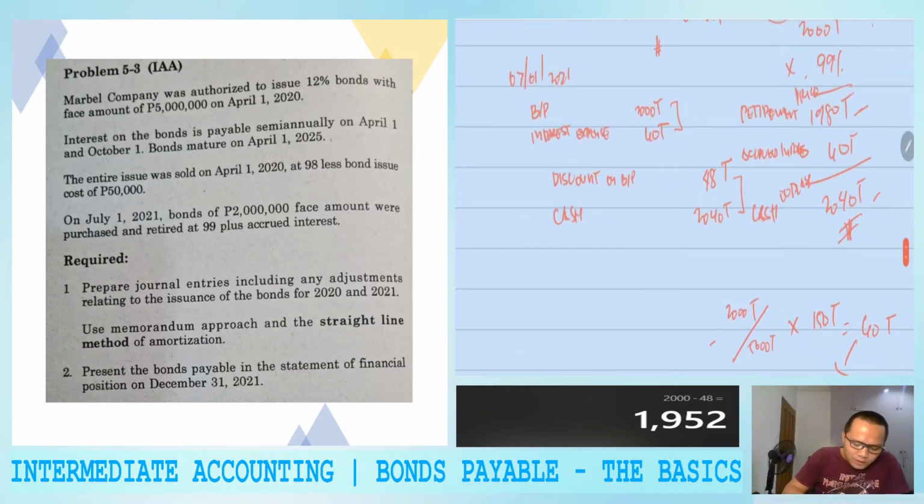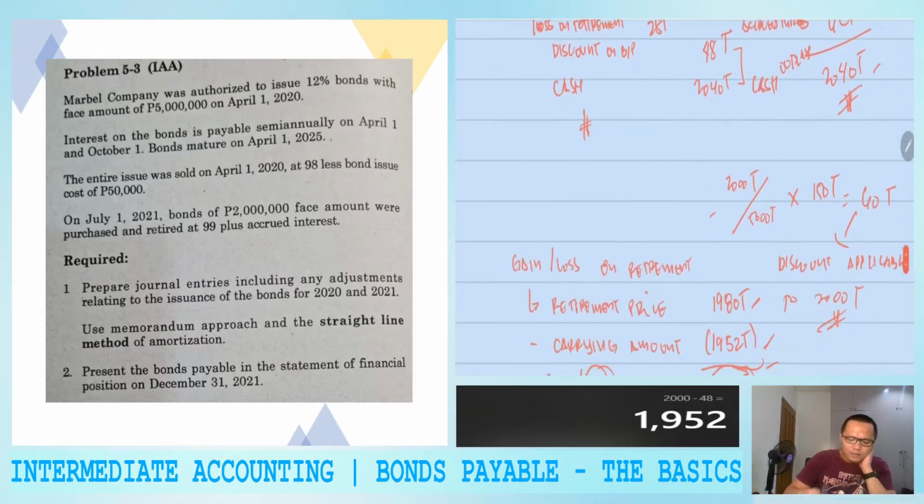So our entry for this, debit, loss on retirement of 28,000. So that is how we are to record the retirement on July 1. Okay?